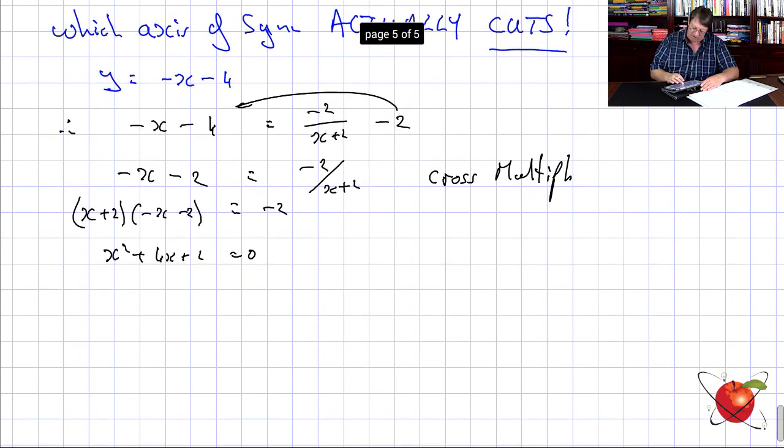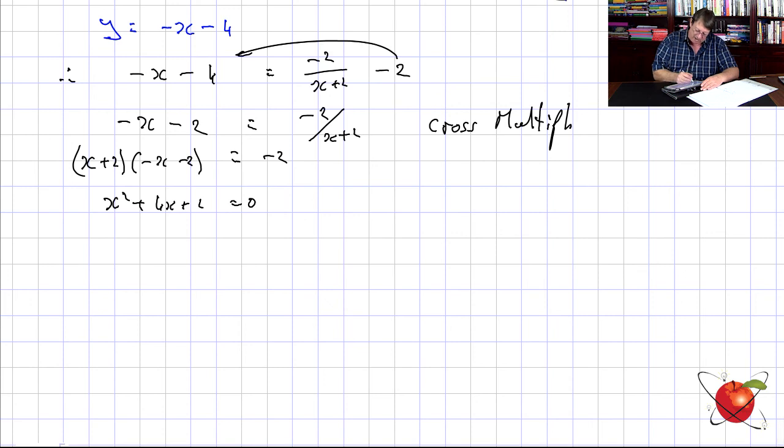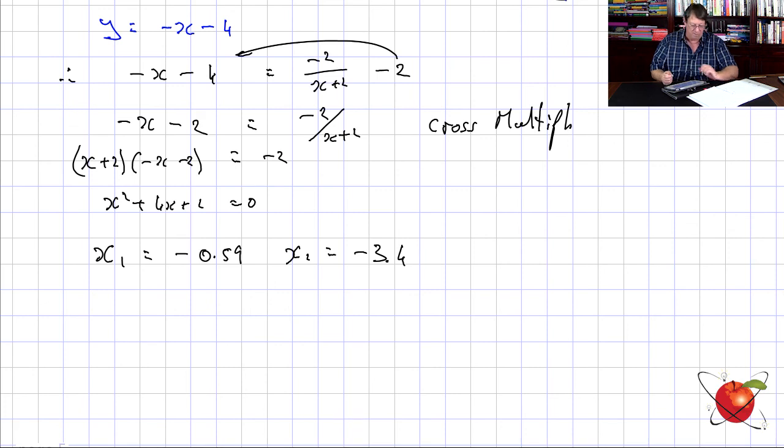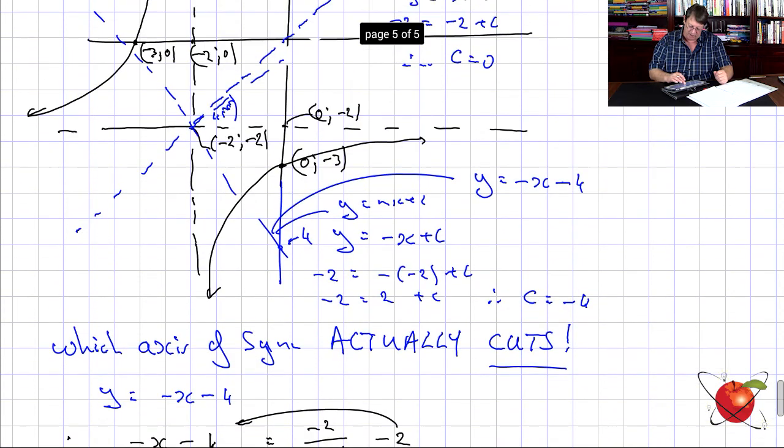You then go and you solve that. Mine didn't come out nicely. Mine gave me x1 equal to minus 0.59 and x2 equal to minus 3.4. And you'll see if you go back, let's just go and plot.